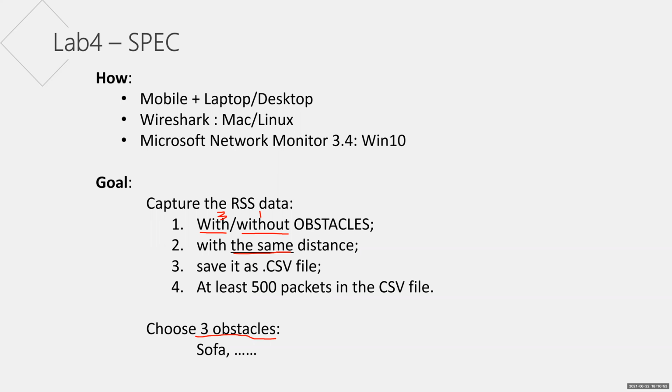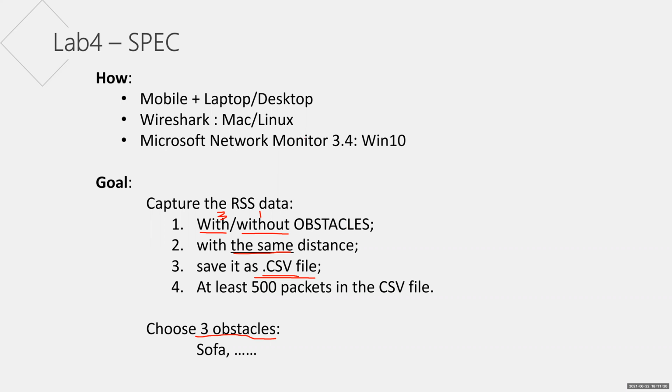And at least 500 packets for ZID, SSID, or all the SSID packets. So we recommend you to capture 500 packets inside your CSV file. Which means already filtered out, which means you have already dropped all the unnecessary packets, and you still have 500 packets. Does that make sense?